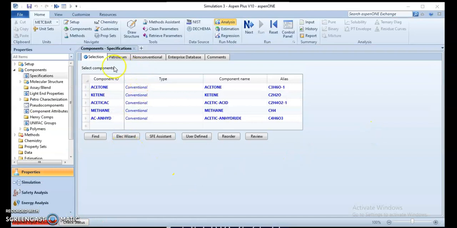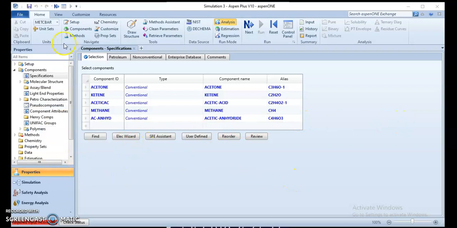So here we have the components, acetone and ketene. This acetone is the feed component, and it is going to be cracked into ketene and methane, and also acetic acid is being added to form acetic anhydride.